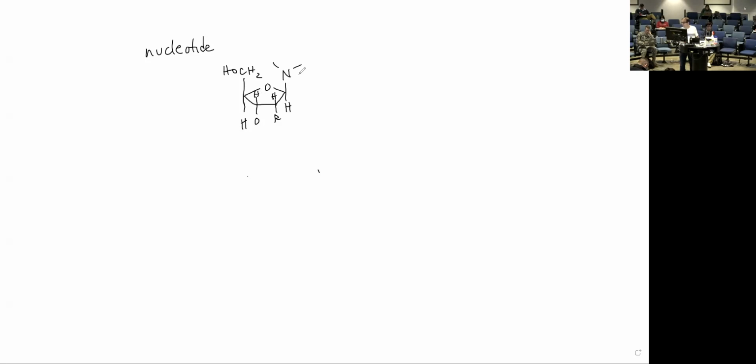In DNA, that would be, let's see, adenine, guanine, cytosine, or thymine. And in RNA, that would be adenine, guanine, cytosine, or uracil. But like I said, you don't have to memorize the nitrogen bases. If you need those structures, I will give them to you.